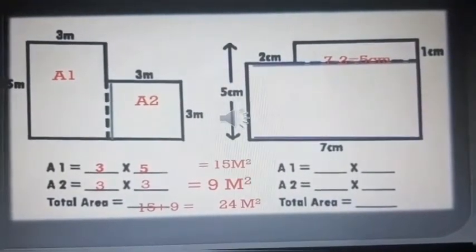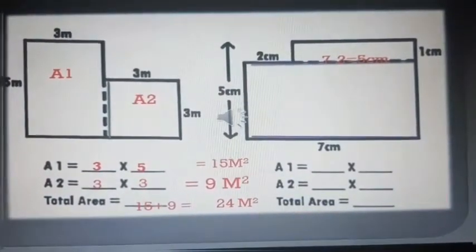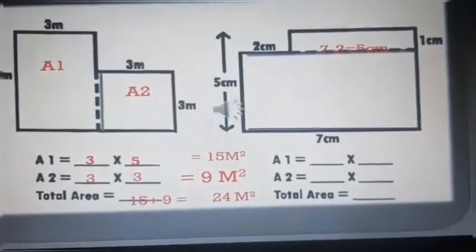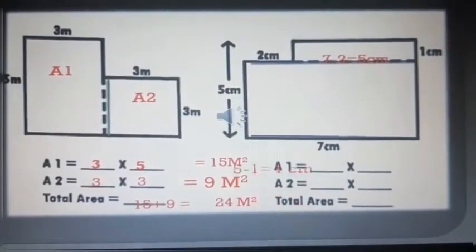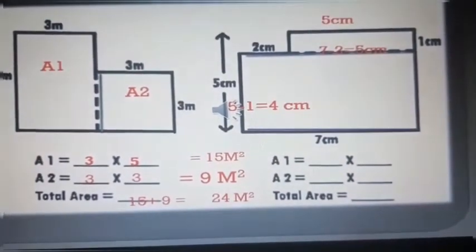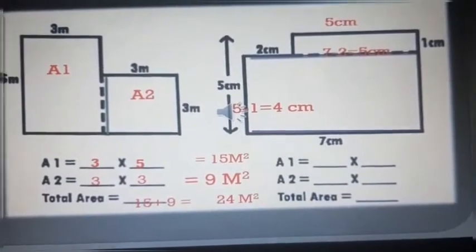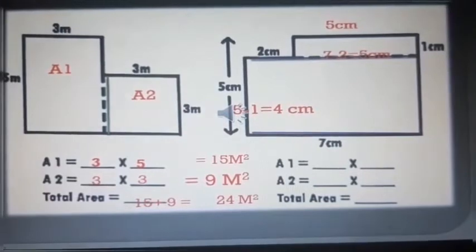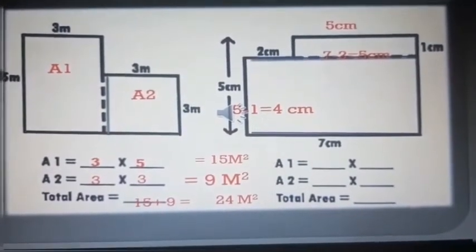So what is the remainder? 7 minus 2 equals 5 centimeters. And the opposite side of this part also equals 5 centimeters. Now I have the total width here, 5 centimeters, and he takes a 1 centimeter part from it, so the remainder will be 4.